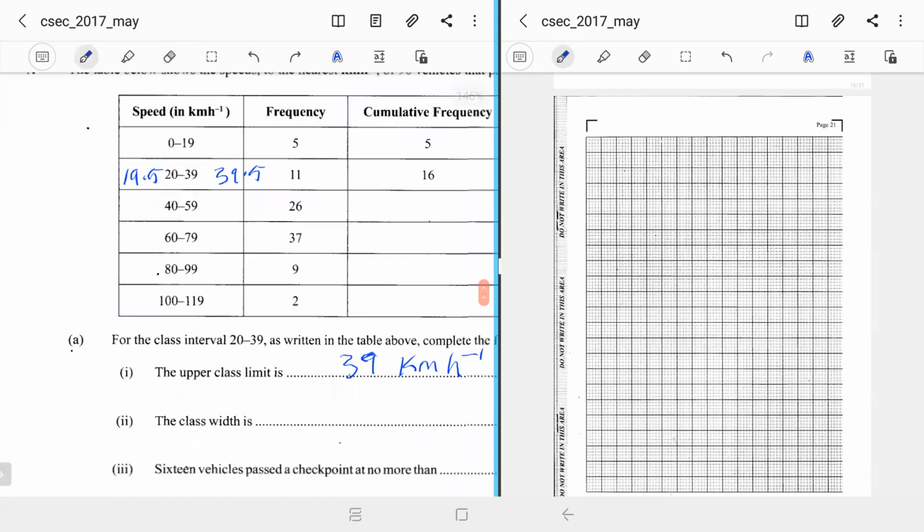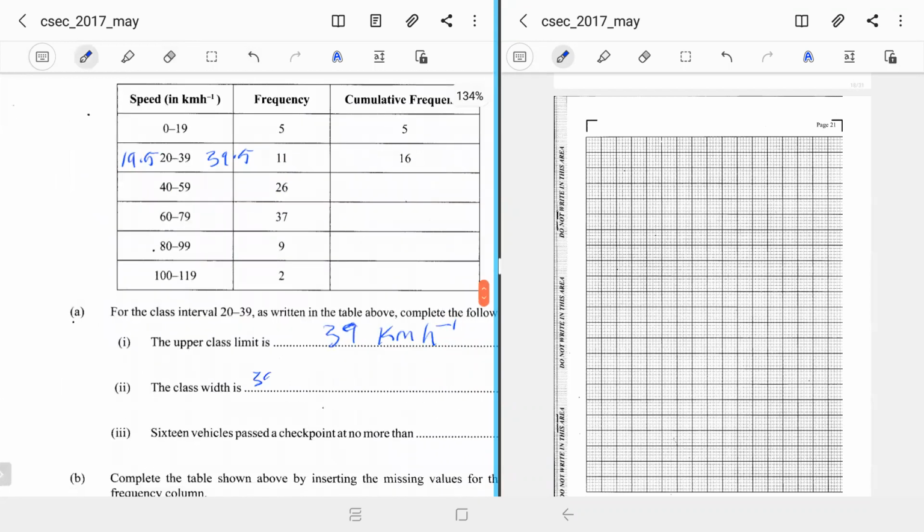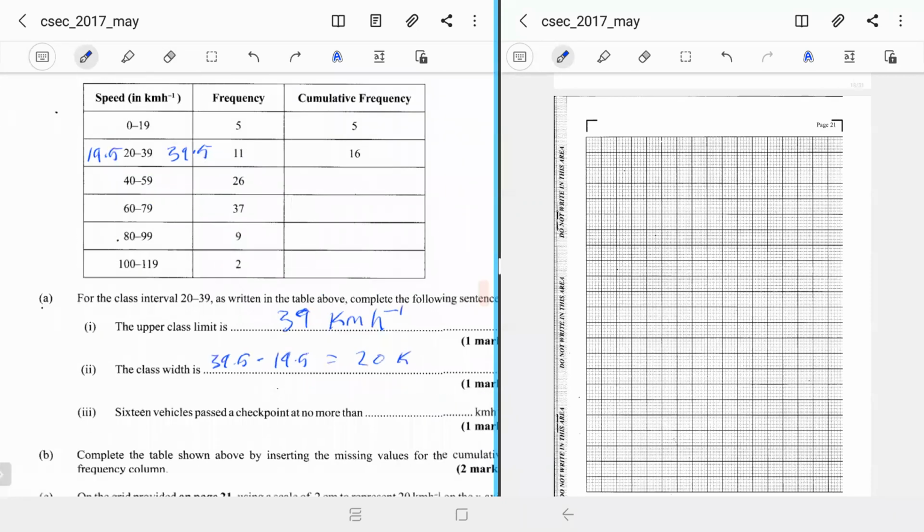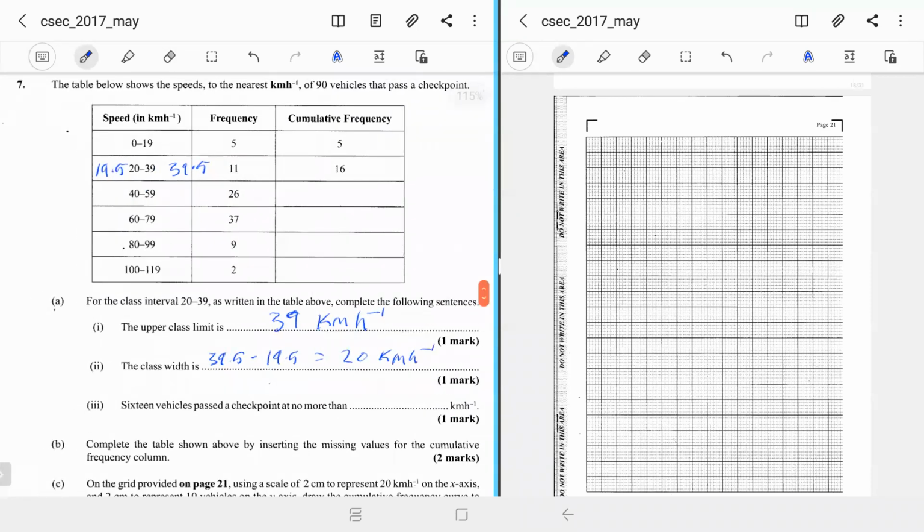That equals 20 kilometers per hour. But I could know by just looking at how these values are changing, and the upper limit changing by the same amount. So therefore, the class width is 20. Everything is symmetrical at 20.